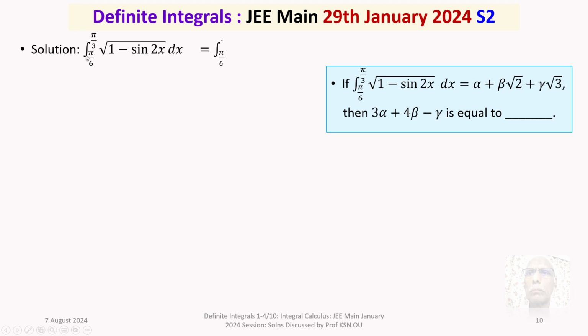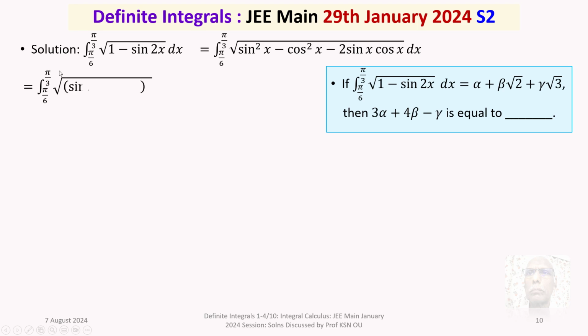Integral pi by 6 to pi by 3 of under the square root of 1 minus sin 2x dx. For sin 2x we have written 2 sin x cos x, and for 1 we write sin square x plus cos square x. This is not minus, this is plus. There is a typographical error. So that is an integral pi by 6 to pi by 3 of sin square x plus cos square x minus 2 sin x cos x, which is sin x minus cos x whole square under the square root.